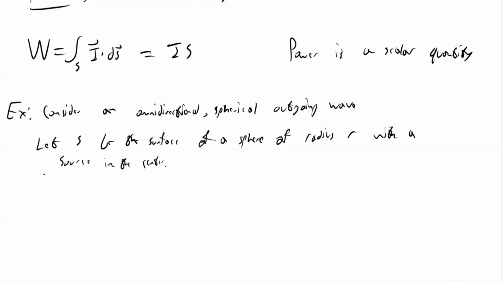But the intensity is always going to be parallel to the outward normal of the surface. So we can use this form I times S, and we can think about that, so if here's the surface, here's our source in the center.